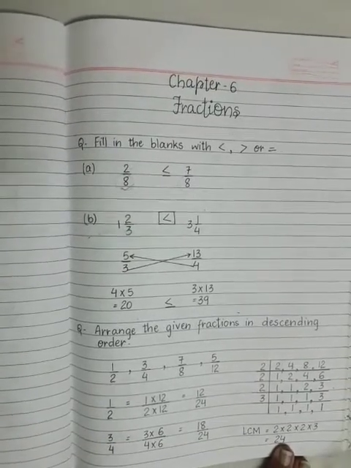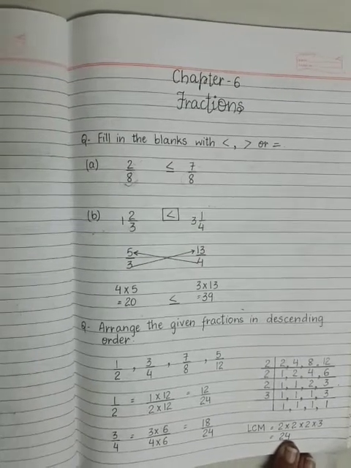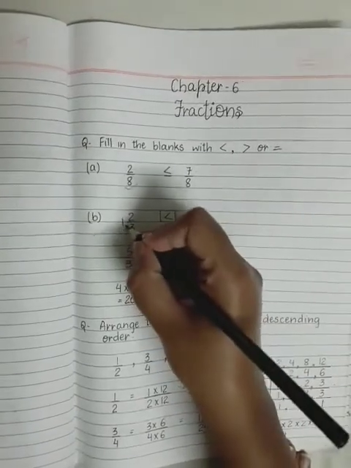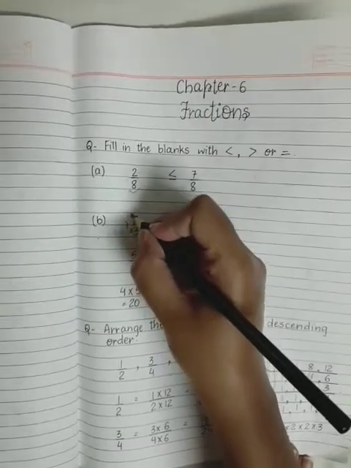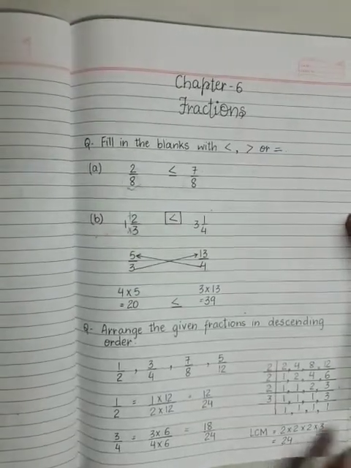In the last video I told you how to convert a mixed fraction into an improper fraction. The same trick we are going to apply here. We make a multiplication sign between these two numbers and an addition sign between these two numbers.